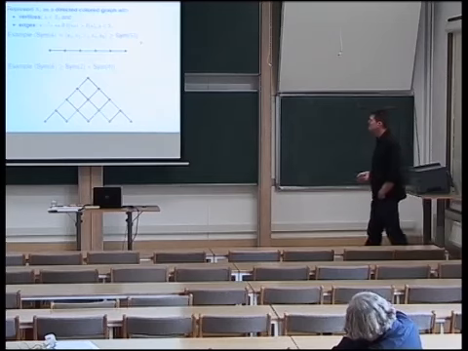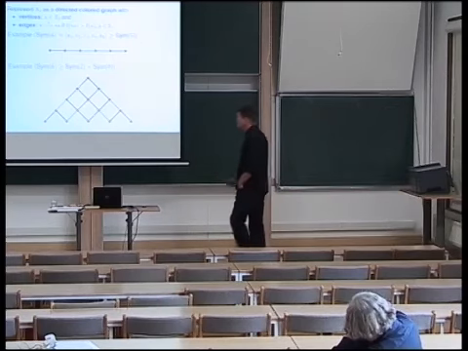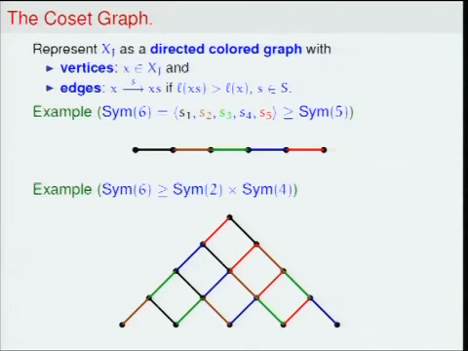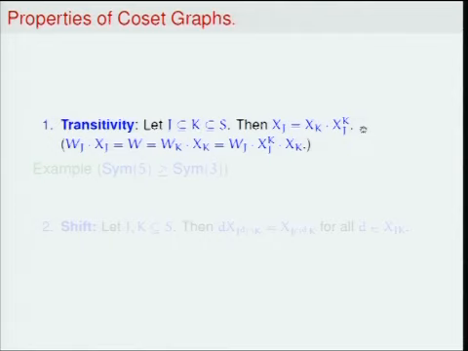More complicated examples arise when you consider other situations. For example, a direct product of 2 symmetric groups in a larger symmetric group gives rise to a structure like this. Some properties of these sets of coset representatives can be nicely illustrated in terms of these graphs.